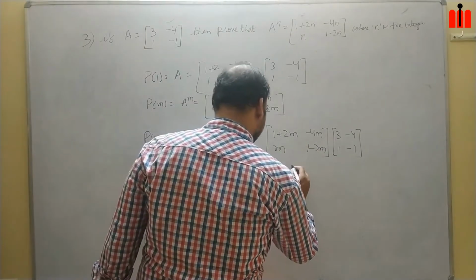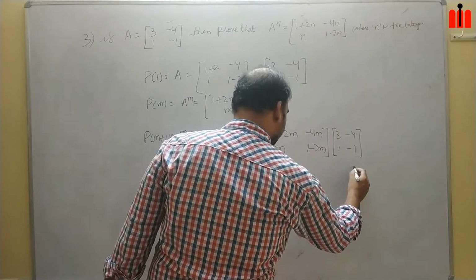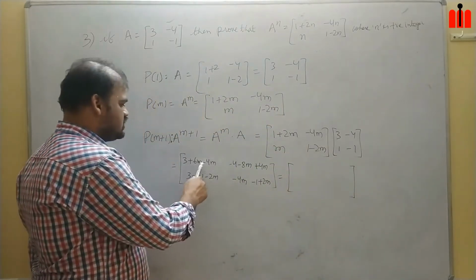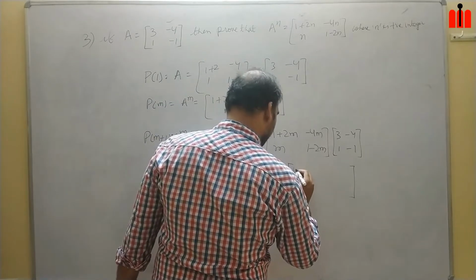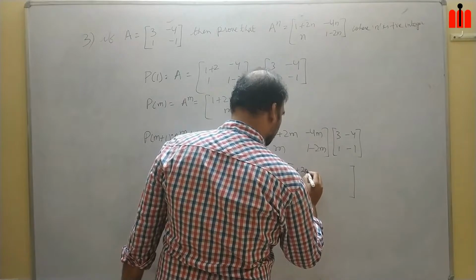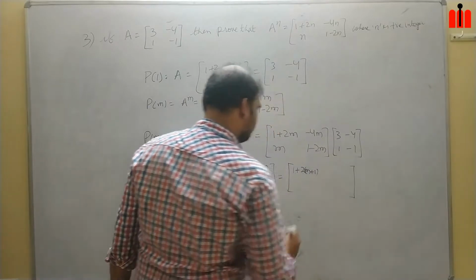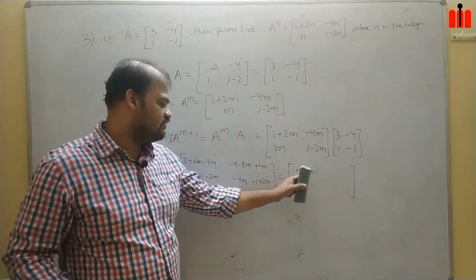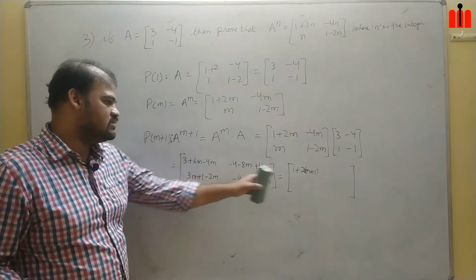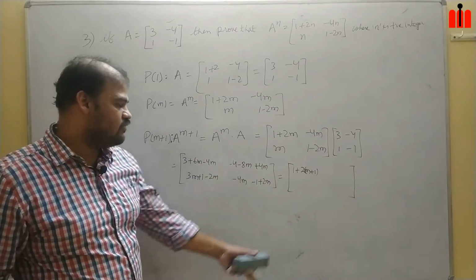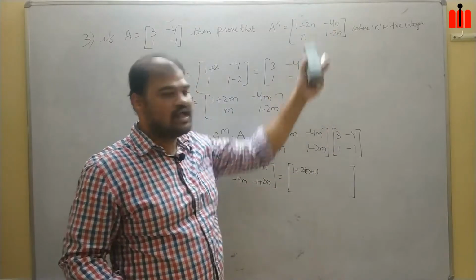Now 6m minus 4m is 2m, so 3 plus 2m, so it will be 1 plus 2m plus 1. If you do 2m plus 1, it will be 2m plus 2 plus 1, which is 3. So there is 3 and 2m is there. Okay, so I am writing in the form of m plus 1 to get my RHS.